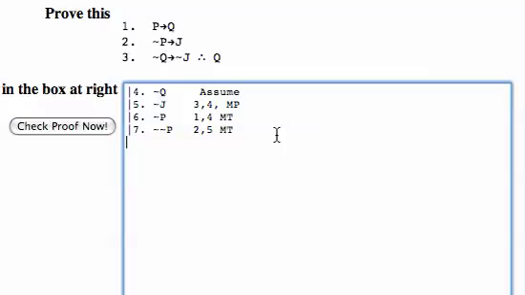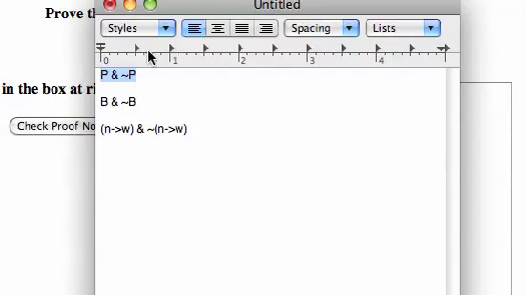Now this is going to be the last step inside every assumption box of a reductio ad absurdum, and that's this step right here, a conjunction. At some point we're going to have to use the rule of conjunction to combine two things together, and the two things that we're going to combine are something and the negation of that thing, because that just is a contradiction. You've got something and the negation.